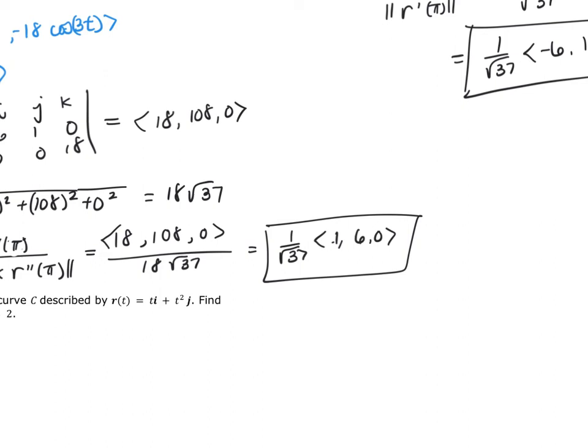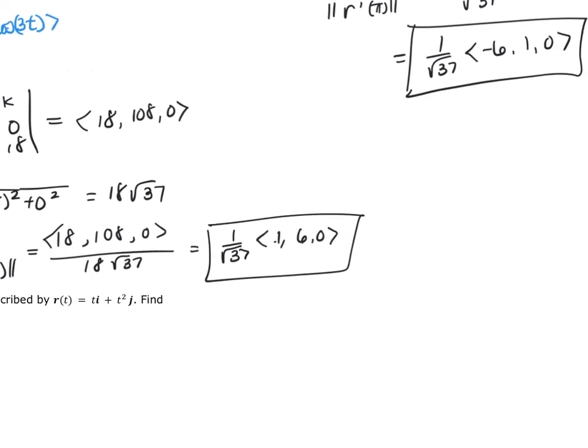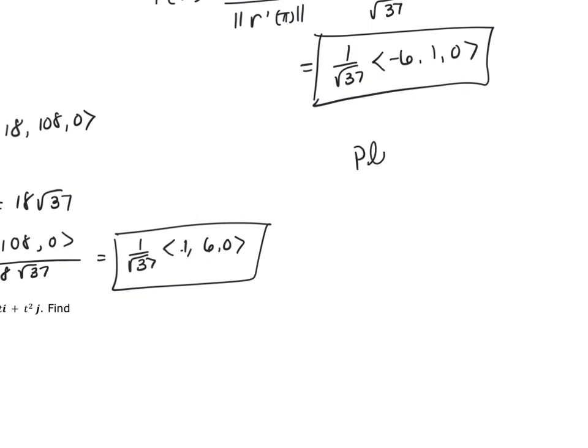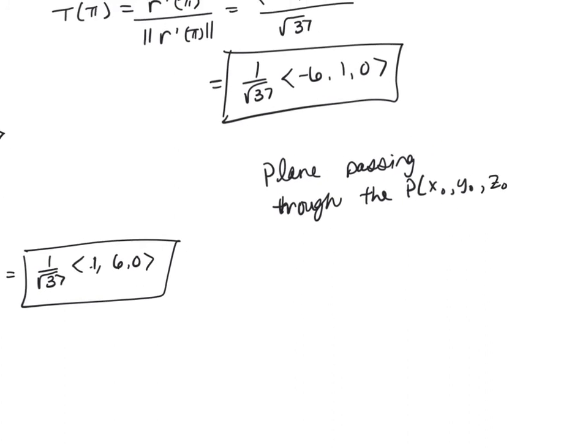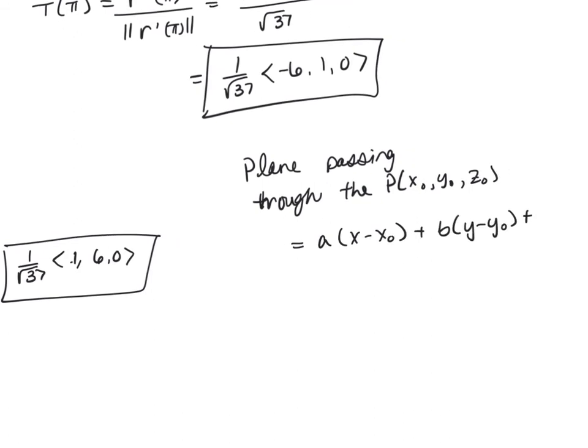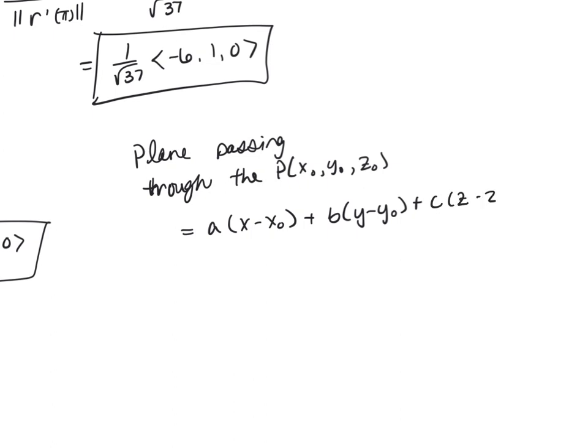If we remember, I believe it's 2.7, that we know the equation of the plane passing through the point x naught, y naught, and z naught is given as a times x minus x naught plus b times y minus y naught plus c times z minus z naught is equal to 0.